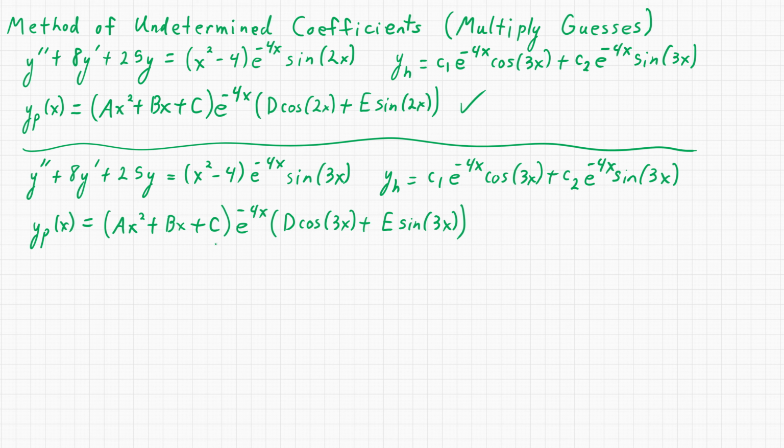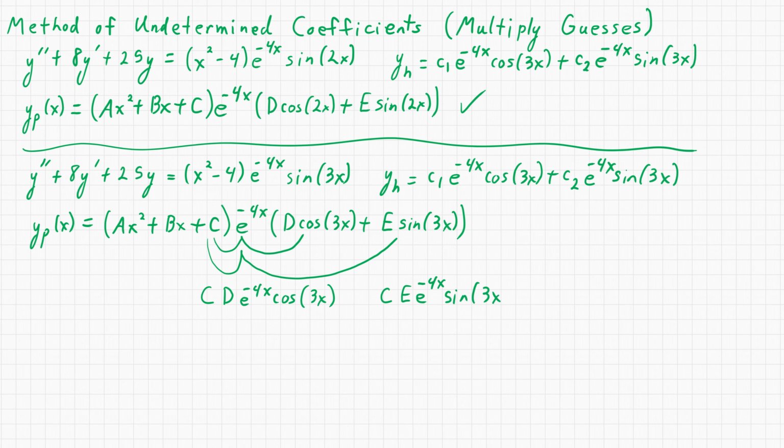One would be c times d times e to the negative 4x times cosine of 3x, and this other one would be c times e times exponential to the negative 4x times sine of 3x.